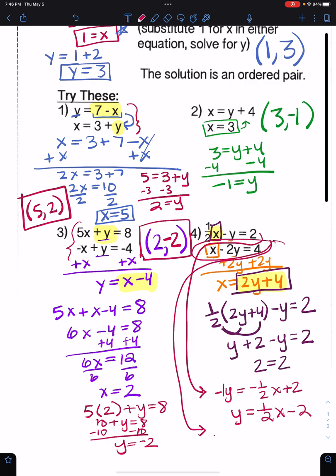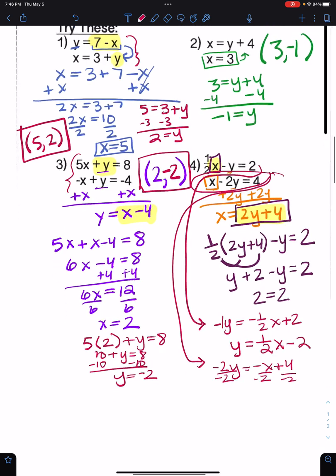We'd have negative 2y, and we would subtract x from both sides, and then we would divide everything by negative 2. And that would give us y equals positive 1/2 x minus 2. Okay, so the reason I'm showing you that is you can see these are the same line, aren't they?